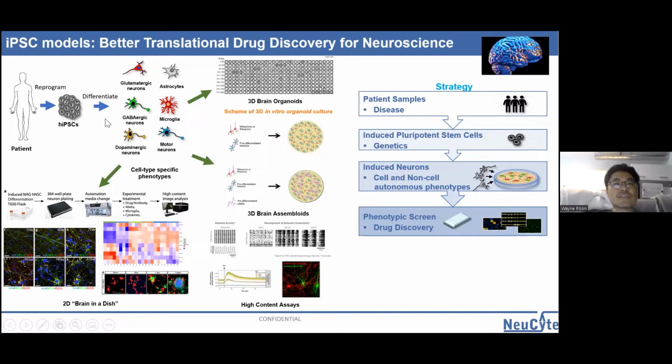Over the years, there's been quite a bit of advances in defining the methods on how to generate the different brain cells.